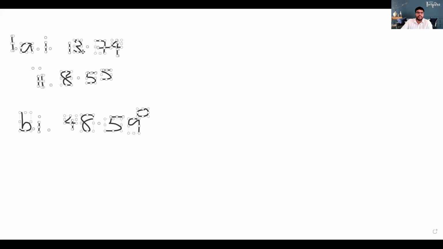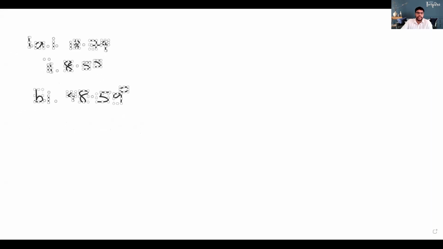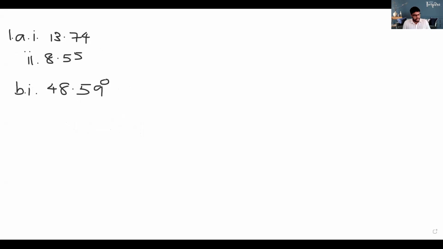Now, since I already gave the answer for part B1, I'll explain part B2, right? So children, no, actually I'll explain part B1, right? So this is part B1. You have to find this angle theta, hypotenuse is 2, and opposite is 1.5. Now this involves the opposite and the hypotenuse, right?